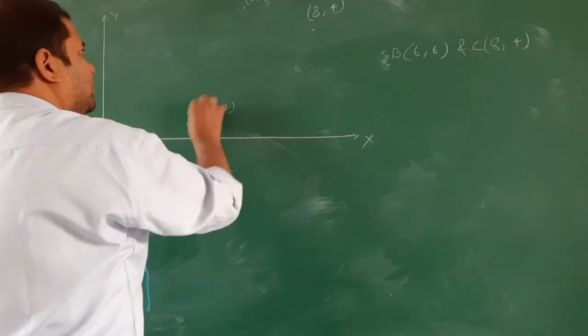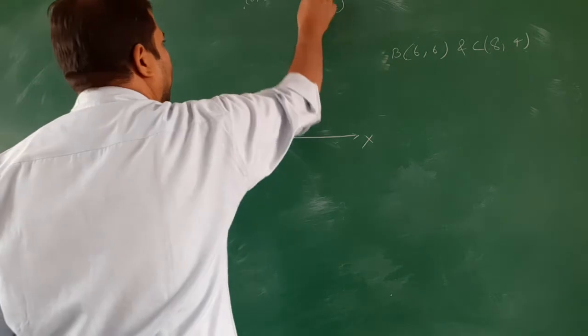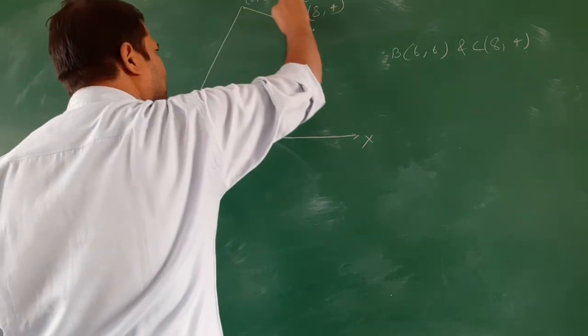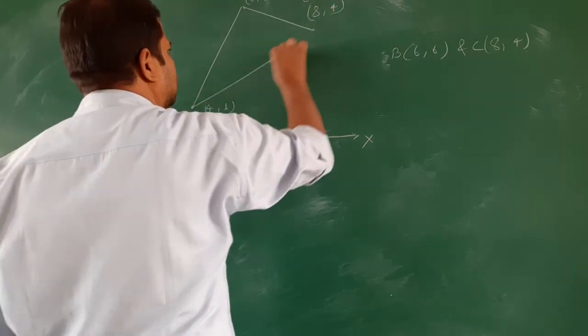So A, B and C join these vertices, we will get this triangle.